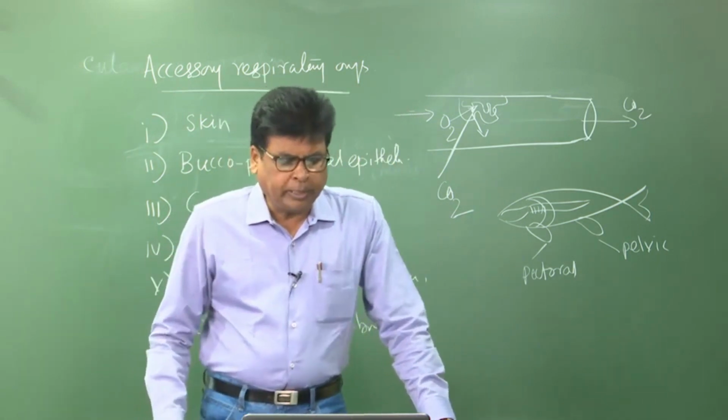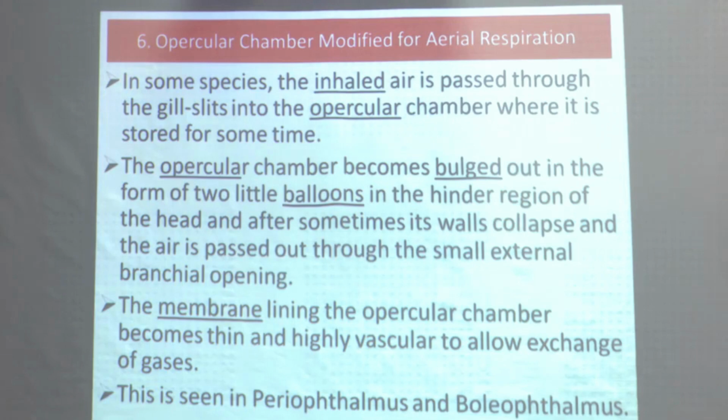Okay. So, in some species, the inhaled air, the air which they take, passes through the gill slits into the opercular chamber, where it is stored for some time. The rule is, whenever water is drawn in by the mouth, it enters the gill chamber.